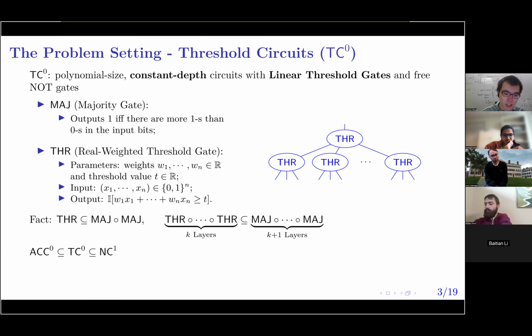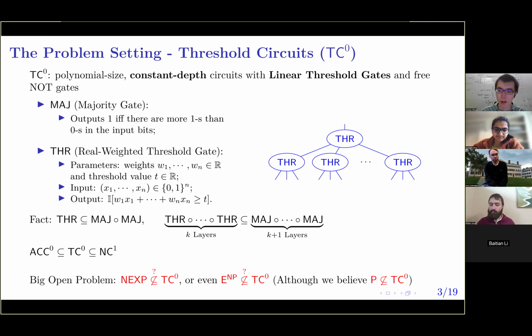And what's the relation of TC0 to the other circuit classes? It lies between AC0 and NC1. AC0 is one of the largest circuit classes for which we have some non-trivial circuit lower bounds. For TC0, we don't have better lower bounds than for P/poly.